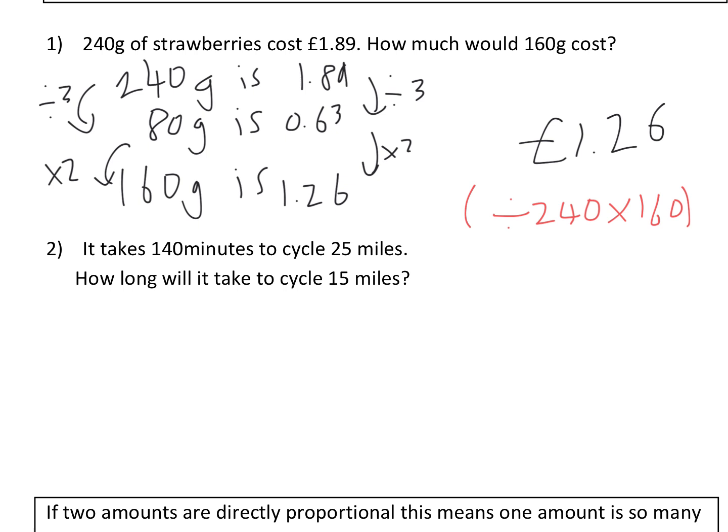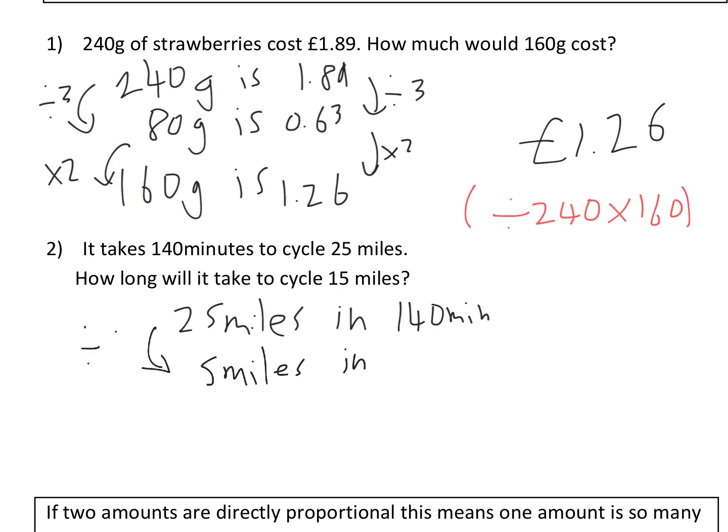And we can do 25 miles in 140 minutes. And we want to know how long it would take to cycle 15 miles. And I can see a link between 25 and 15. I can find out how long it would take to go 5 miles, and that would be dividing by 5. That would give you 28.